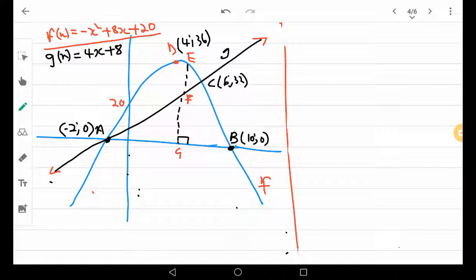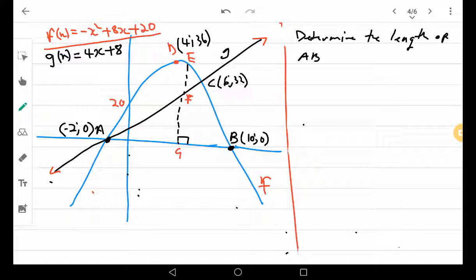And now we'll show that we are dealing with the lengths. For example, if they say determine the length of AB. Check, AB is horizontal, so check the x values.